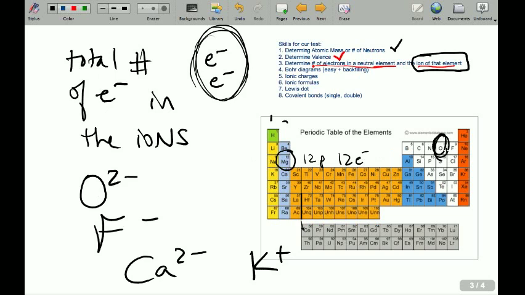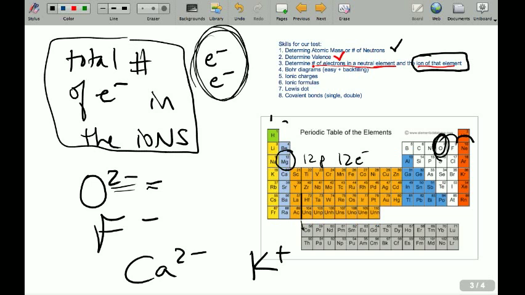It normally has 6 valence electrons, but it's getting 2 more. That's why it's 2 minus. So how many electrons does it have now in its outer ring? It's got 8. So its total number of electrons went from 8 to 10 electrons. It got 2 more extra ones. Fluorine has 9, but it just gained an extra one, so that's 10.